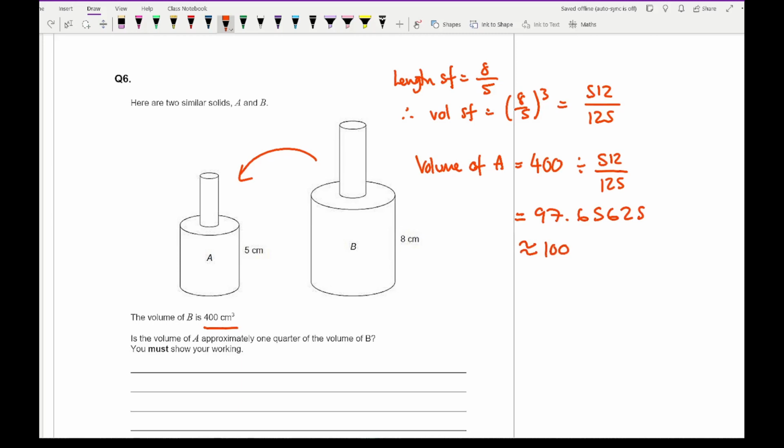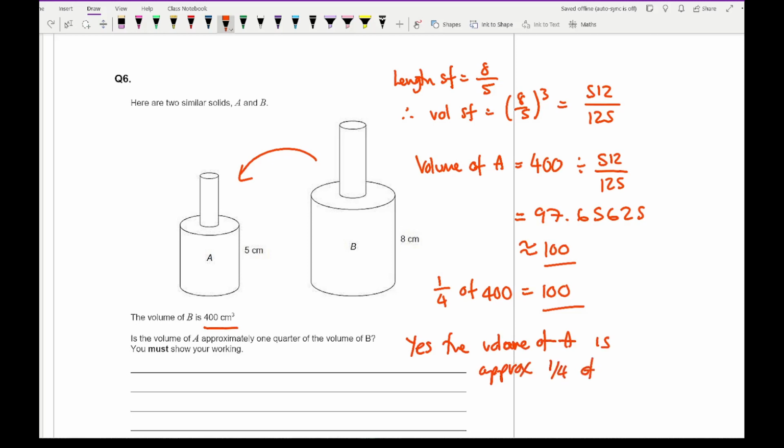So is that a quarter of 400? A quarter of 400 is 100. So you can see that yes, it is approximately. So yes, the volume of A is approximately 1/4 of B.